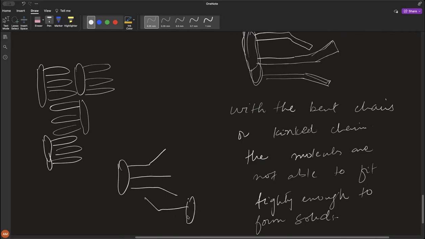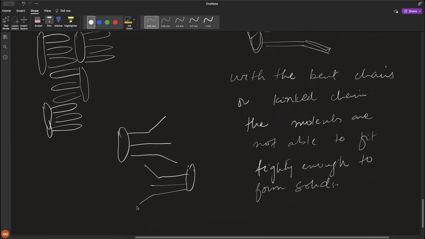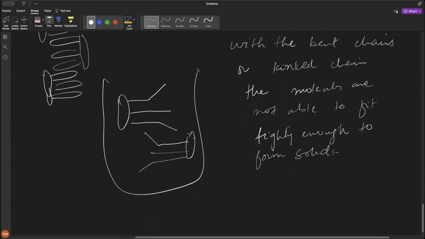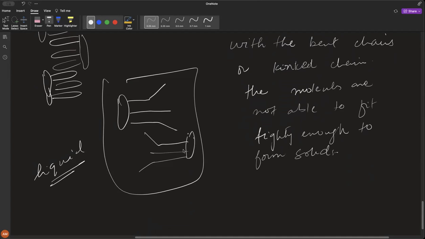Do you understand? So they have an appearance like a liquid. Is this clear? All right. So this is the difference between a saturated and unsaturated fat.